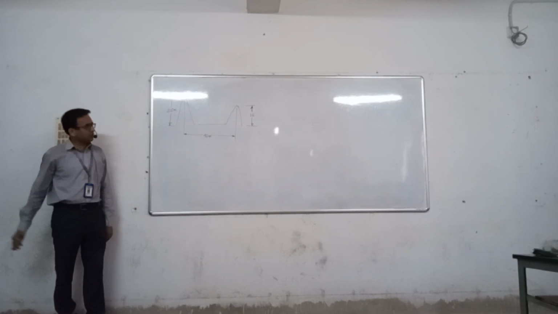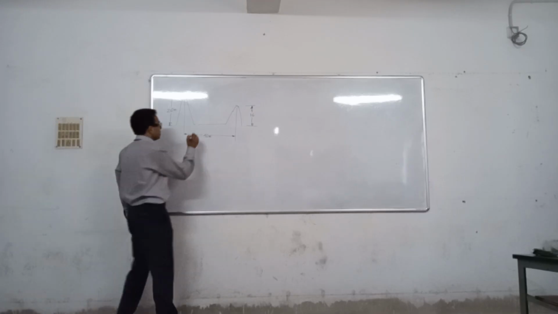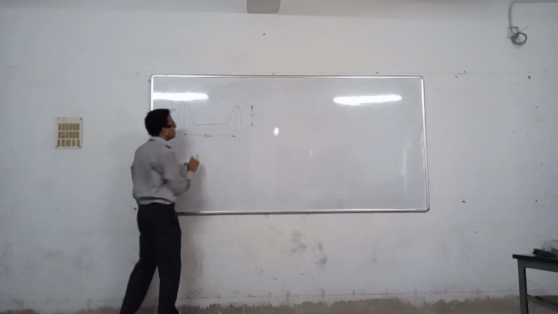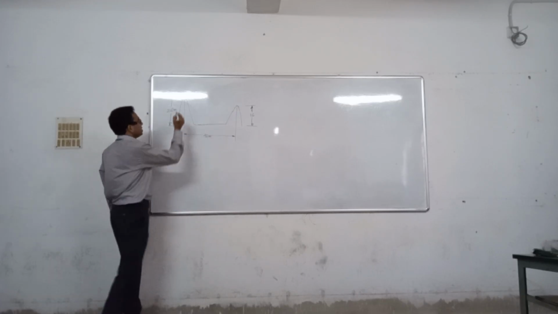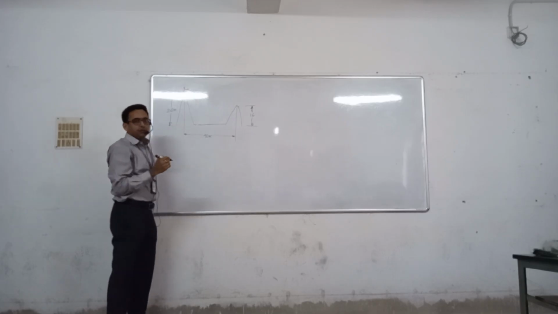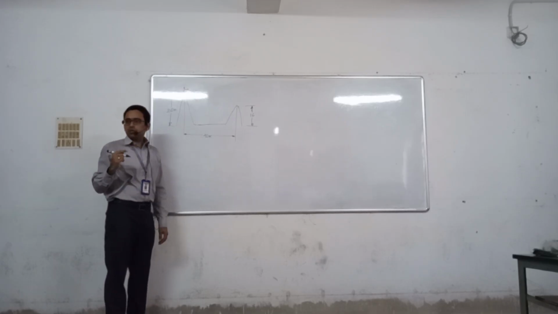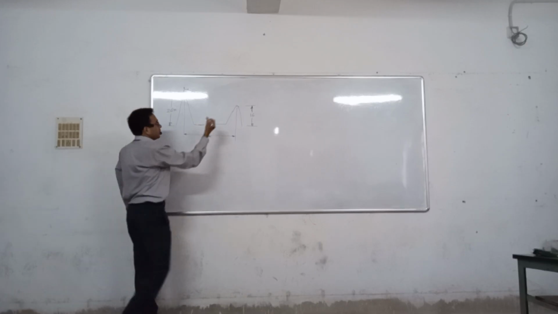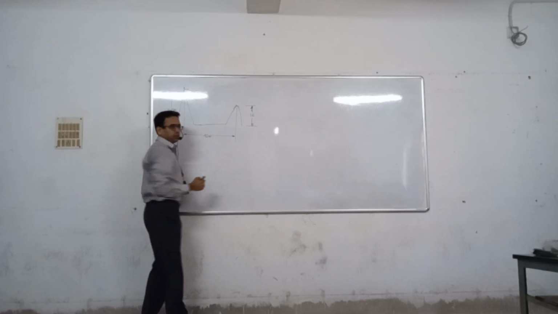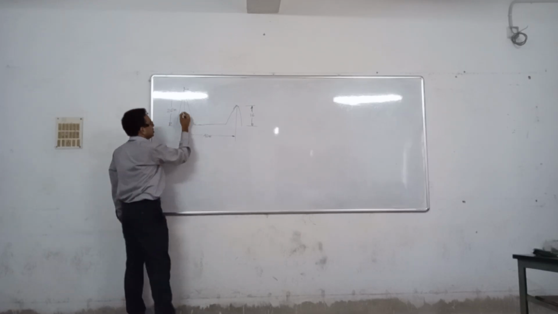Immediately after the class, I sent you that solution. Just to explain, the problem was: what will be the velocity from here, if it is thrown like this, the minimum velocity so that it will cross this point.